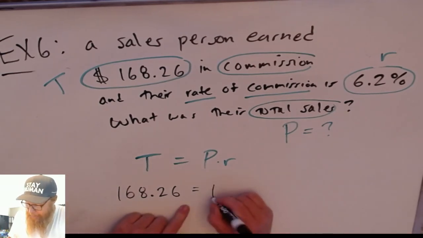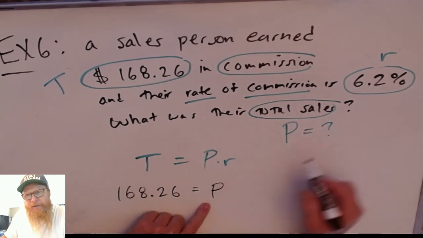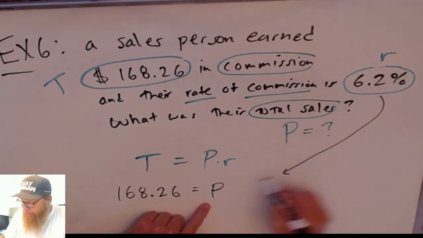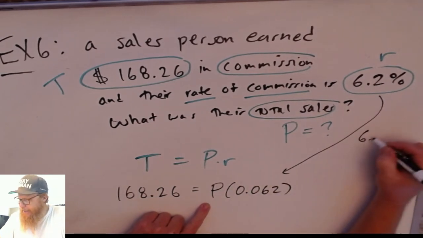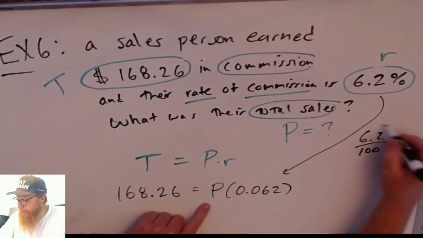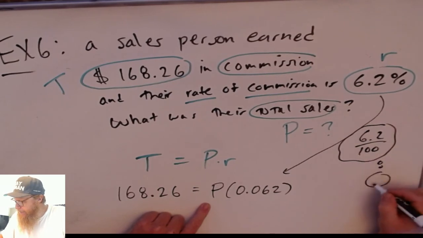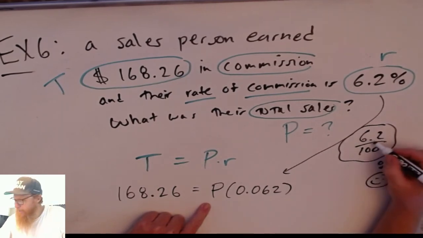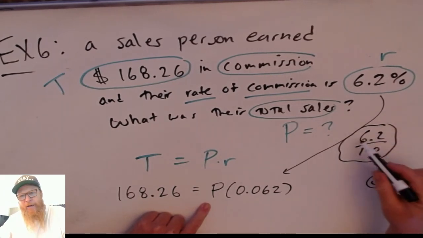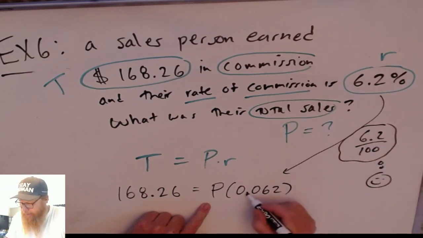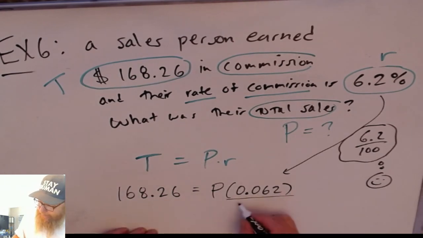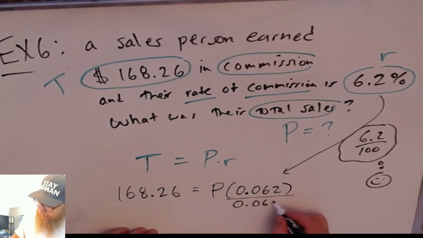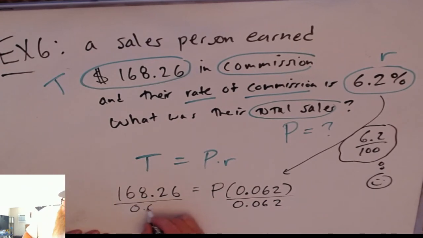So P is our unknown value. 6.2%. Remember, we have to write that as a decimal. That is 6.2 over 100. Just to give you a little mind blob here, 6.2 divided by 100 becomes 0.062. And then divide both sides by 0.062.